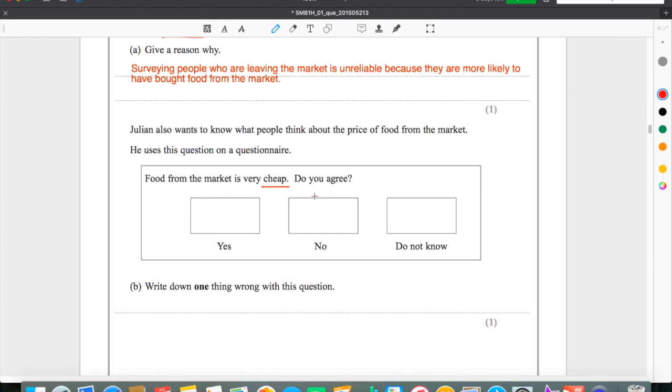Because here with the word cheap, this doesn't necessarily mean the same thing to one person as it would to someone else. So the problem with the questionnaire is the wording in the question is not specific or quantified.